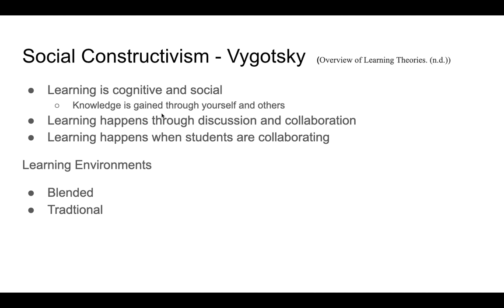But you are not getting the collaboration that happens in a blended or traditional setting. In blended and traditional settings, students can get into groups and they have face-to-face contact where they're able to speak with each other and learn from each other.